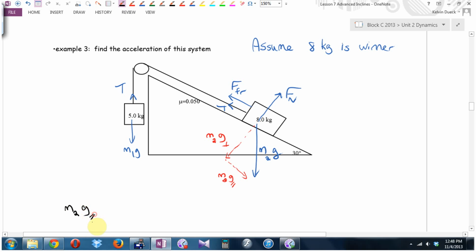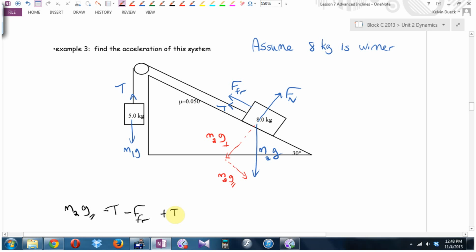M2G parallel. And then you would say, okay, I got tension up the hill. I got friction up the hill. Both losers. But this tension, when I follow it, ends up going down the hill. So I run into another tension. Turns out to be a winner, which I kind of expected because tension is canceled every other time.